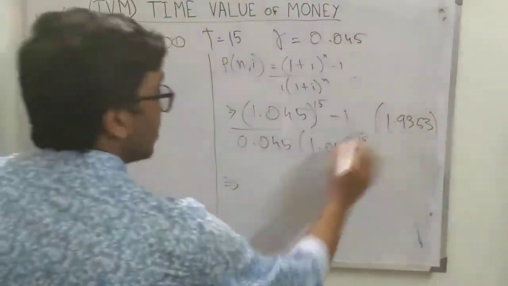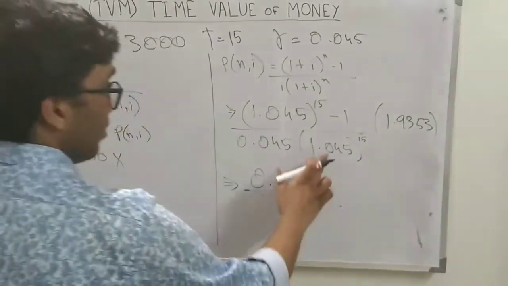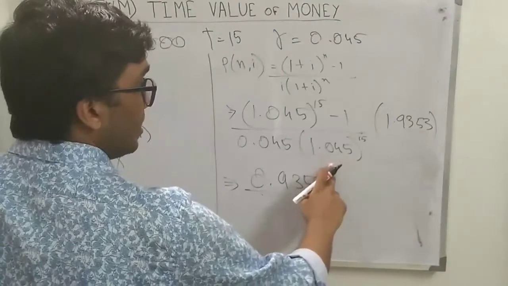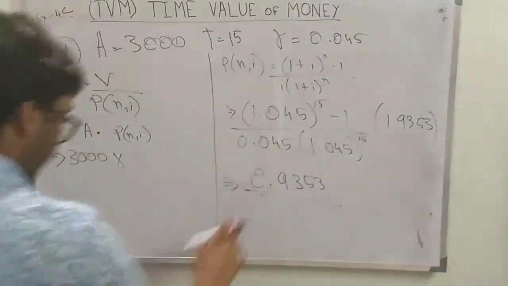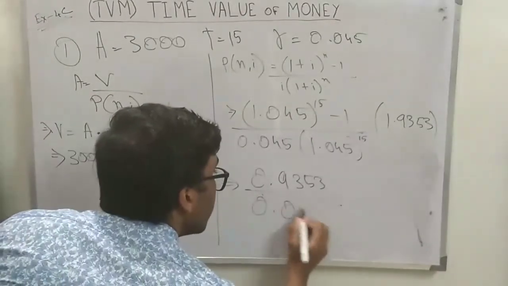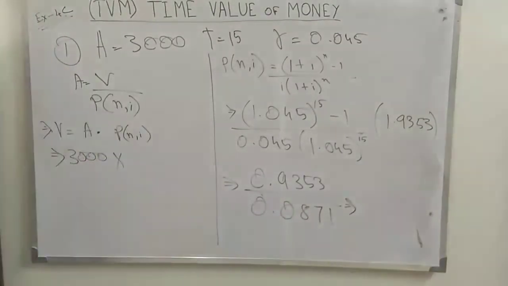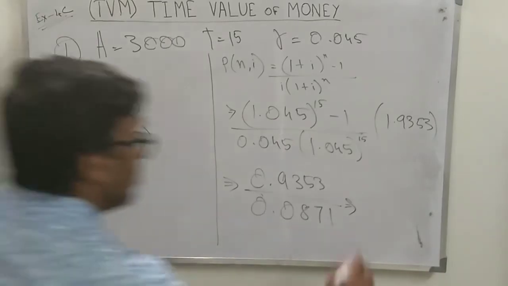1.9353 minus 1, that means 0.9353 whole divided by 1.9353 into 0.045. That is 0.0871, which is 0.9353 divided by 0.0871, 10.73.